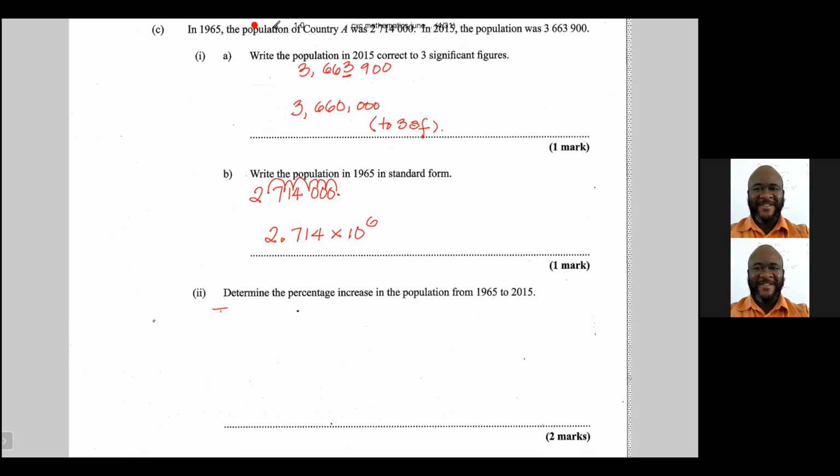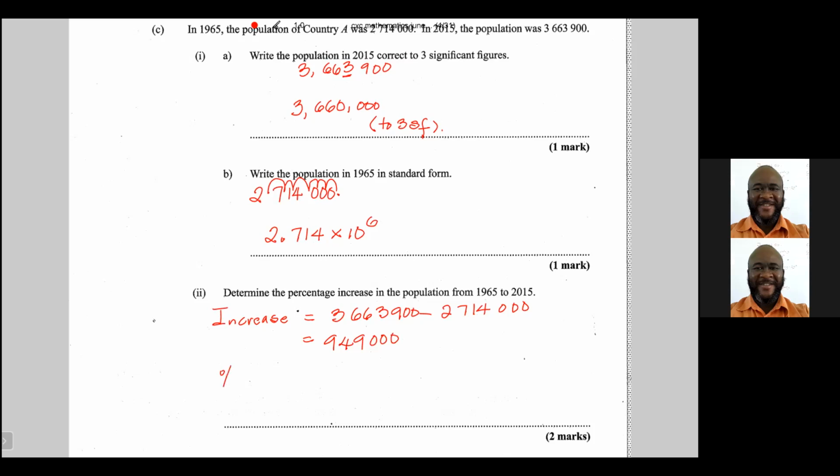So let's find out what the increase is. The increase would be 3,663,900 minus 2,714,000. So the increase is actually 949,000.